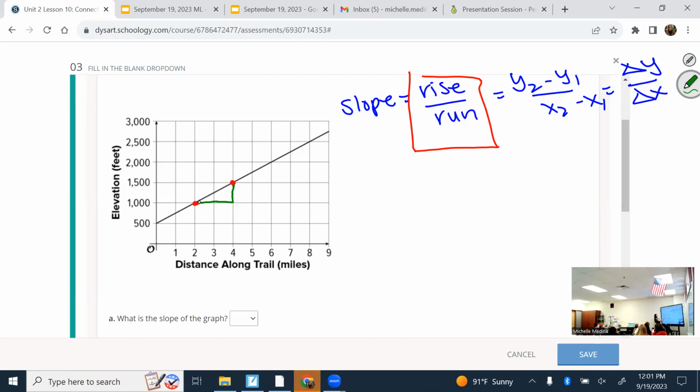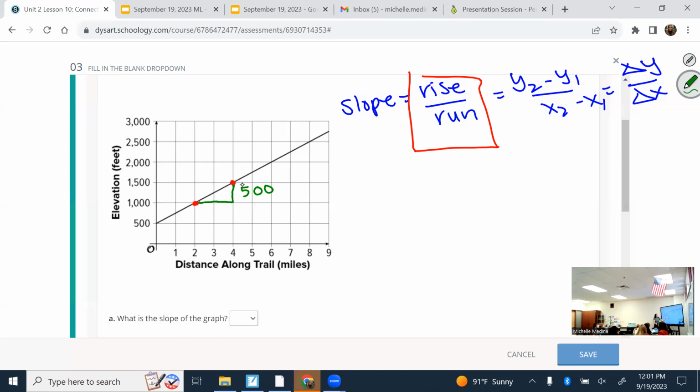But then look at your rise. If I'm going from 1,000 to 1,500, what's my rise? 500. So you have to pay attention to the tick marks with those. And then look at the run.